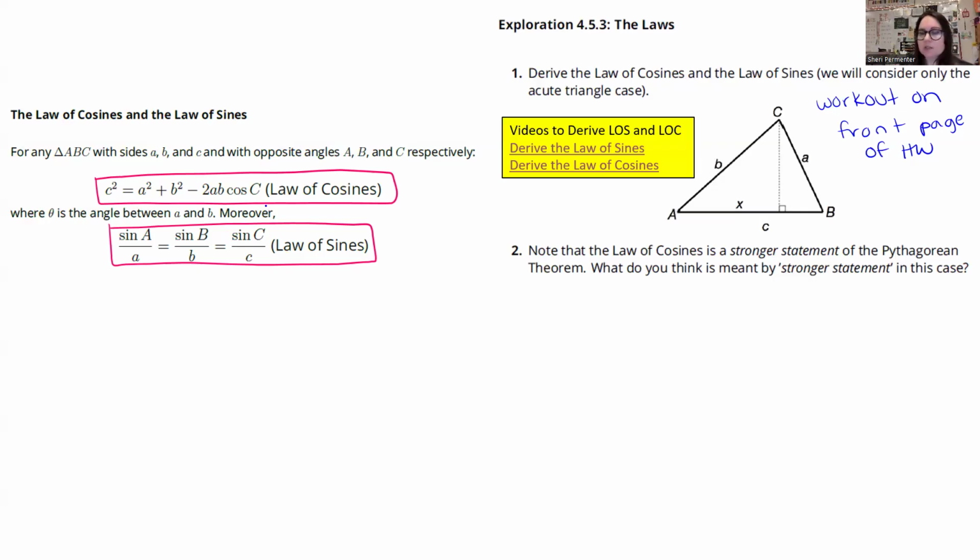that's what makes the law of cosines a stronger statement.